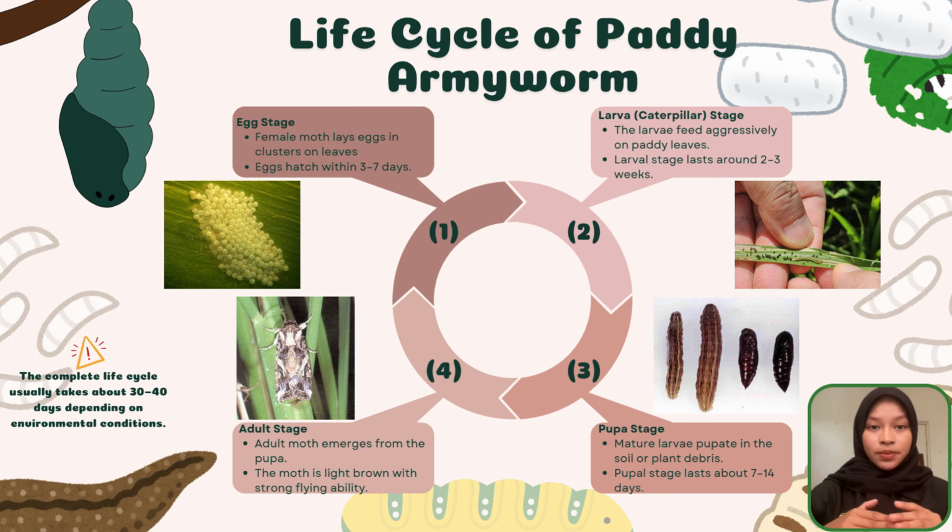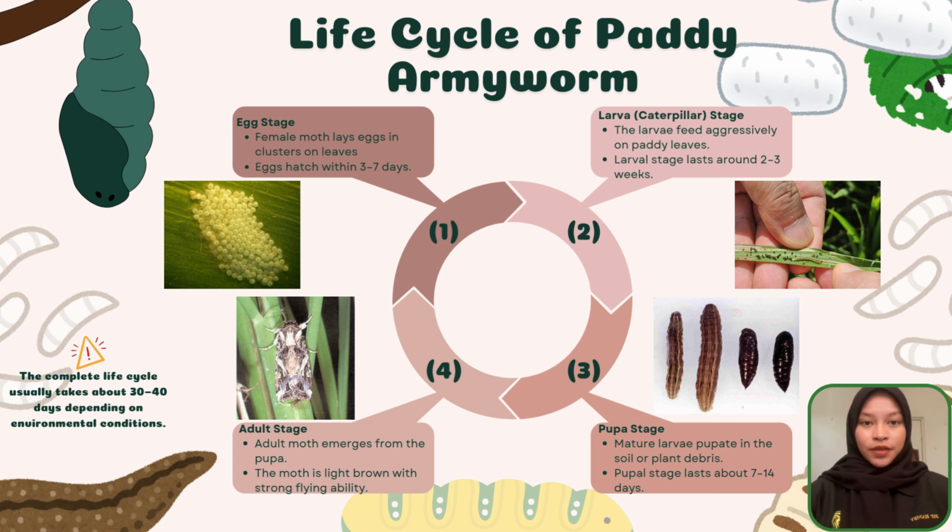The larvae bite aggressively on the paddy leaves. This is the most destructive stage. The larval stage lasts around 2 to 3 weeks. It is very small, compared to a human finger, as in the picture below.